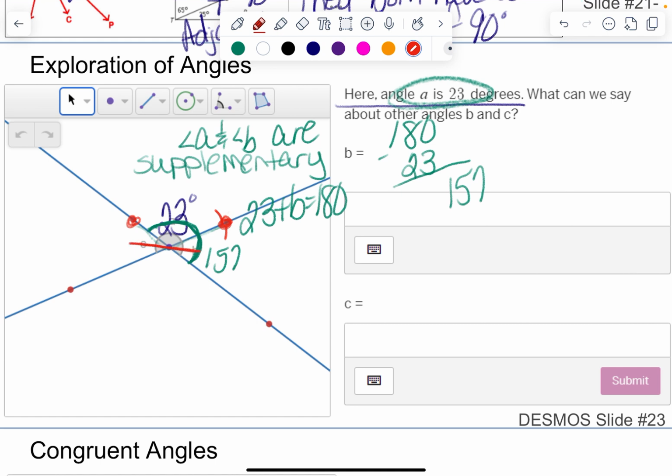Angle B and C are vertical. I can't spell. B and C are vertical angles. They are going to be congruent.